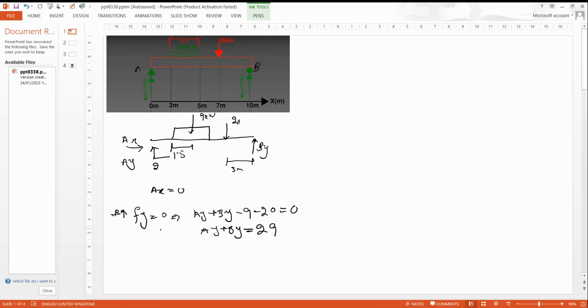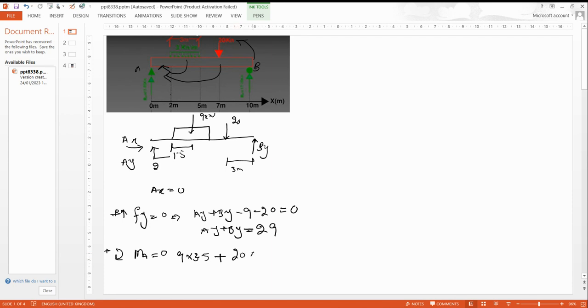Now apply the moment equation at any point, A or B, it doesn't make any difference. Let me apply it at A. So the sum of moments at A equals 0. The 9 kilonewton is multiplied by 1.5 plus 2, so it is 3.5. The 20 is going in a different direction from these two, so it is negative.